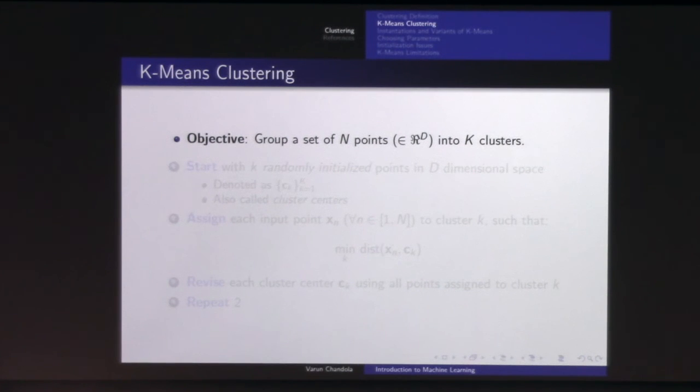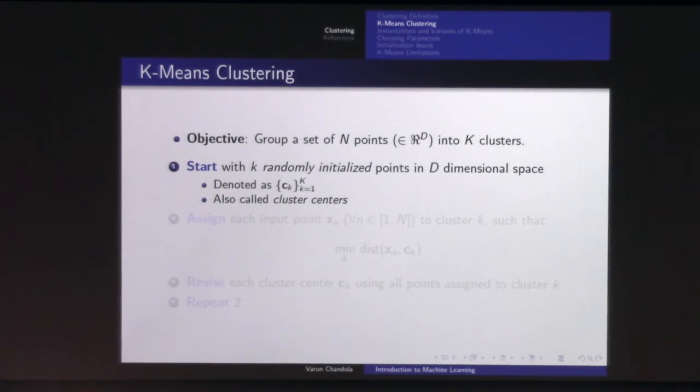Now I'm going to show you the k-means clustering algorithm, which is pretty simple, and a lot of you might already know it. What you do is you start with some k randomly initialized points in this d-dimensional space. This k should actually be uppercase K. You start with K points, and we call them cluster centers. Then this is an iterative method. In each step, you take each one of your data points and find out which is the closest cluster center right now, which means that you will use your distance metric.